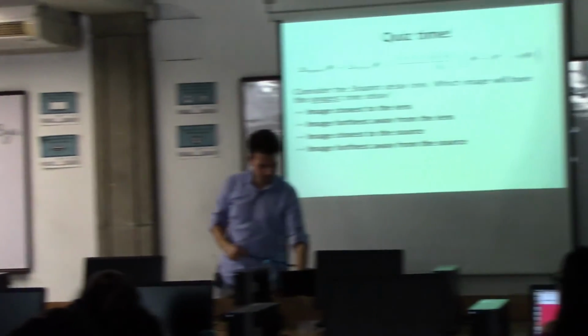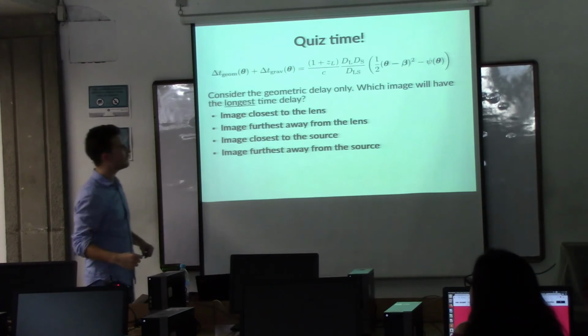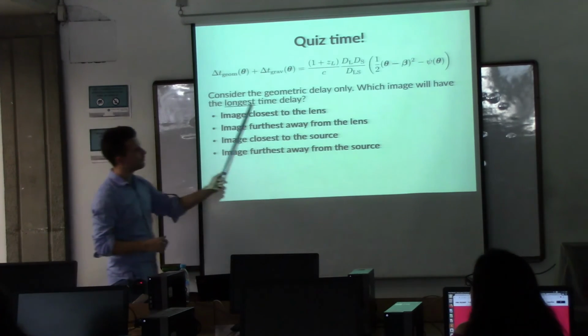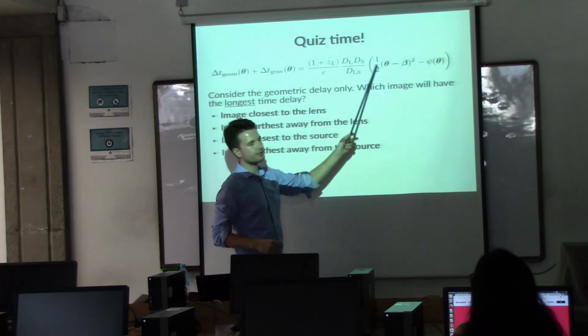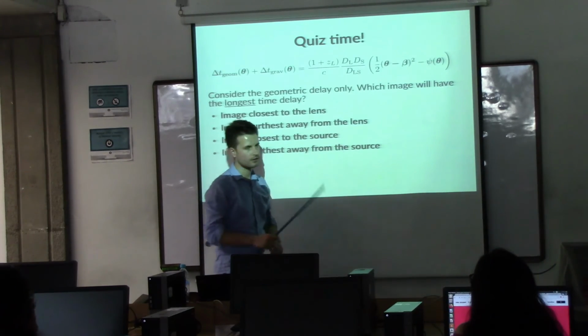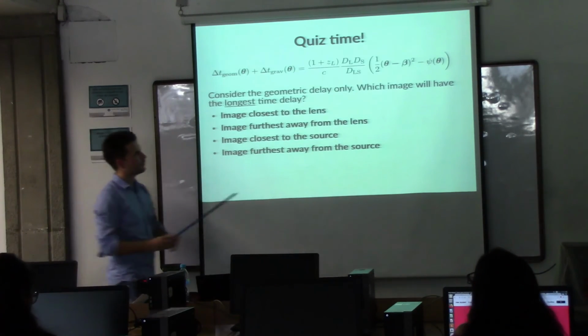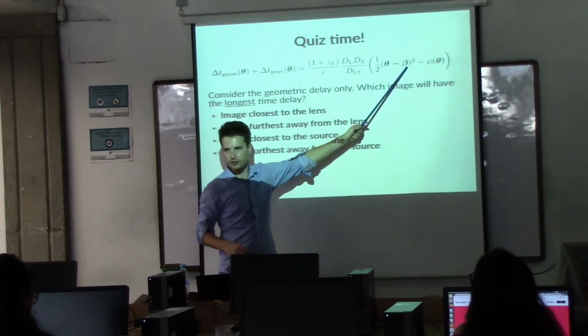And the question I didn't put in the quiz, but it's somewhat related, is what would happen if you took the geometric time delay, which is now only proportional to the first term here, which is the distance between the image and the source.